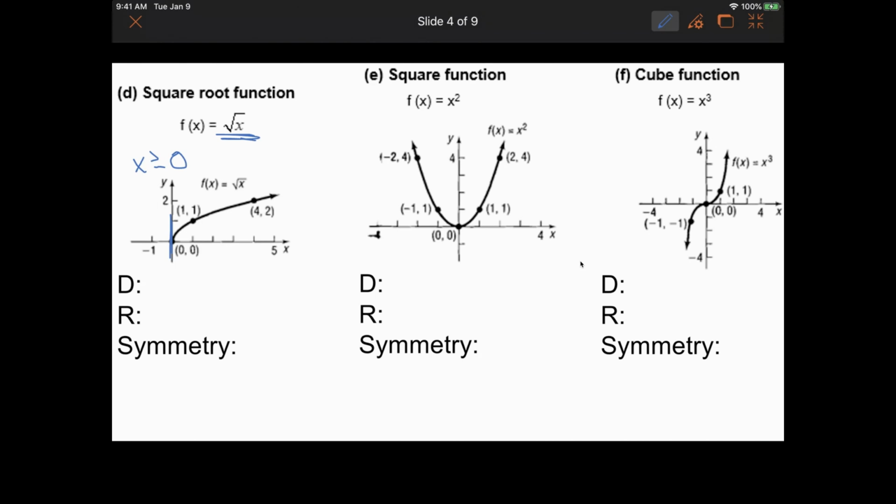But in interval notation, it starts at 0, right? Square root of 0 is 0, and it goes to infinity. The range is similar to that in this way, and you're going up. Symmetry. Well, there's nothing on this quadrant, so not even. There's nothing on the bottom over here, not odd, so this is neither.